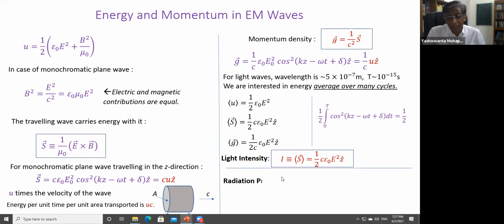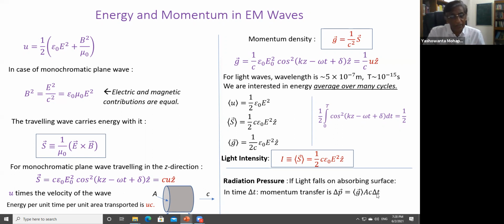There's also the idea of radiation pressure, because it's carrying momentum. When it gets absorbed on a surface, it delivers that momentum, and that delivery of momentum means it is exerting some pressure, which is called radiation pressure. If light falls on an absorbing surface, then in time delta t the momentum transferred, del p, is just the average momentum density times the area times the length c delta t.